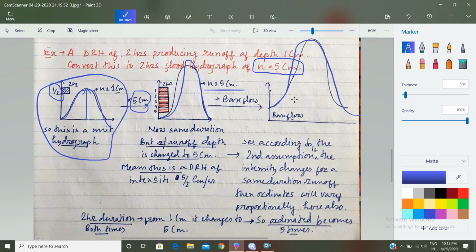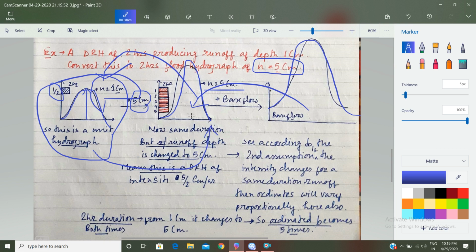In the flood hydrograph, as we just studied, base flow is associated. If we deduct the base flow, we get the direct runoff hydrograph. If we convert that direct runoff hydrograph to 1 centimeter precipitation, we get a unit hydrograph. From the unit hydrograph, if we want to get a direct runoff hydrograph, we have to multiply by 5, because this is a 1 centimeter depth of runoff and now we need a 5 centimeter depth of runoff.